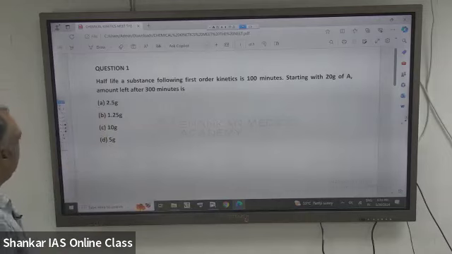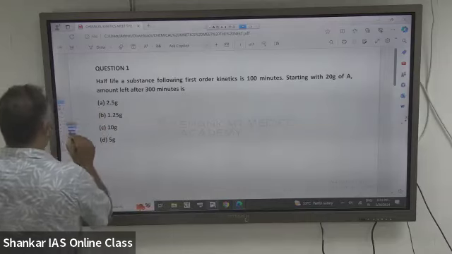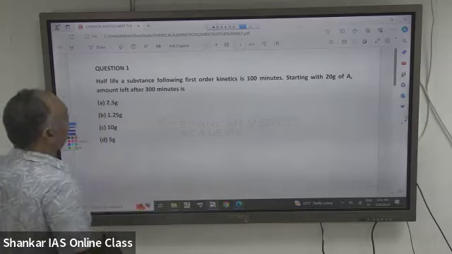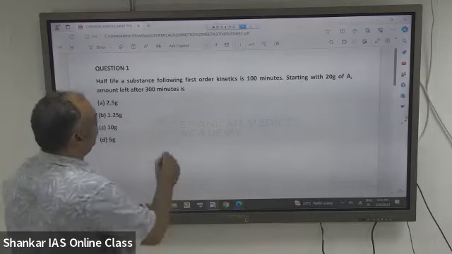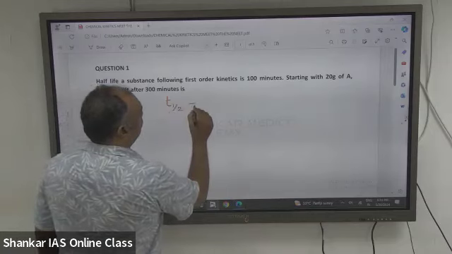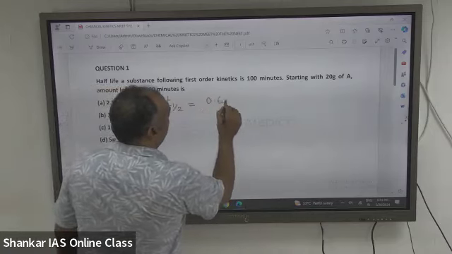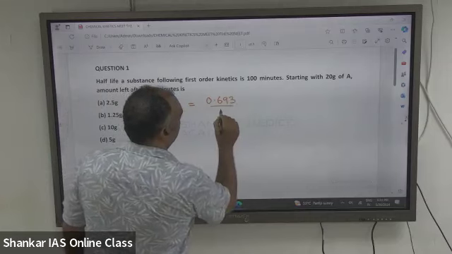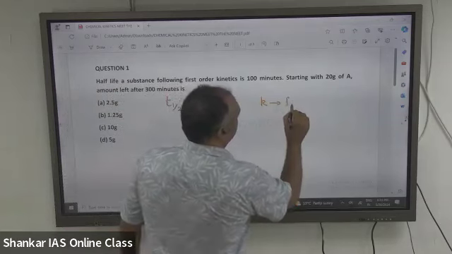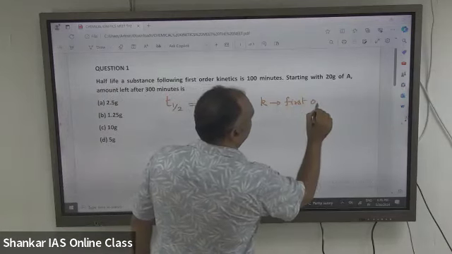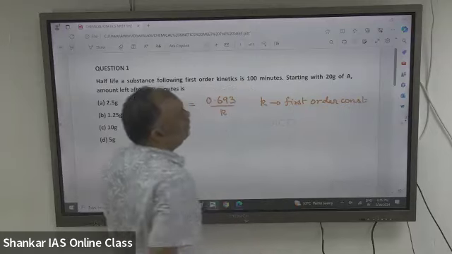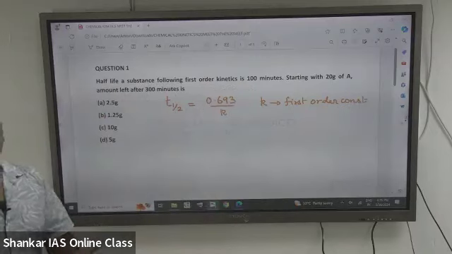Okay, so basically, the T half for a first order reaction is 0.693 by K, where K is the first order rate constant. Okay, so how do the students usually approach?